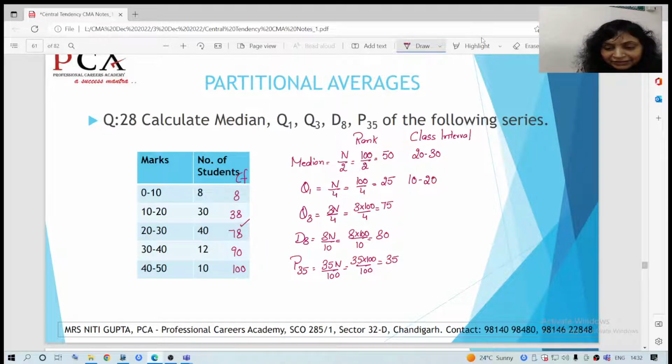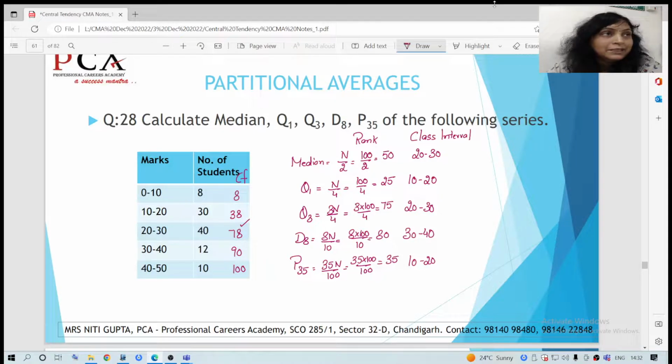Now 75: 38 is less than 75 but 78 is greater, so it lies in 78, and the class is 20 to 30. D8, 80: greater than 78 but less than 90, so it lies in 30 to 40. And 35 is greater than 8 but less than 38, so it lies in 10 to 20. So we got the class interval in which each partitional average lies.